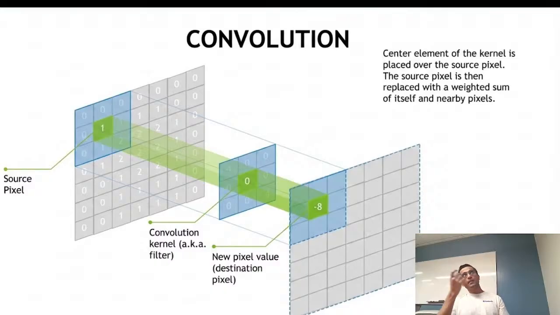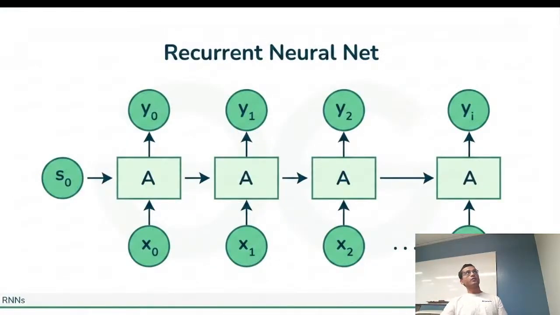But again, this type of network isn't really useful for text. The main one that's useful for text is transformers and attention. But the preceding network was recurrent neural nets, and these operate by taking the previous state of your output or your network and filtering it into the next state. You see this in a lot of time series forecasting and time-based data.